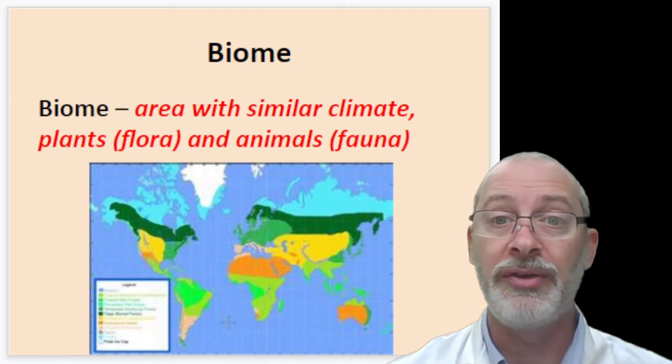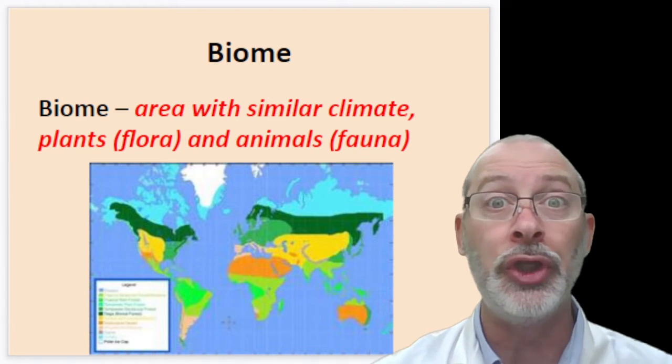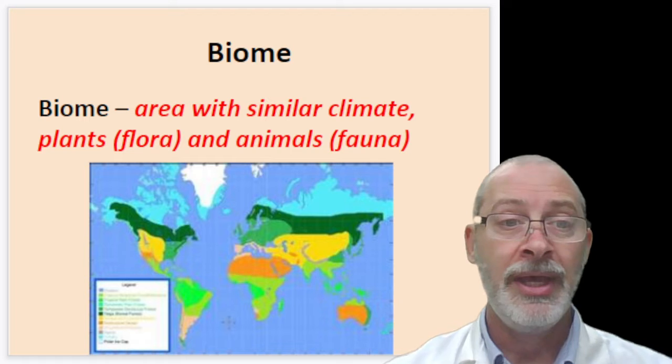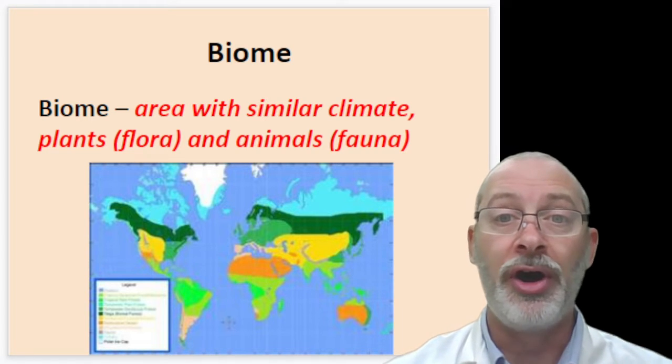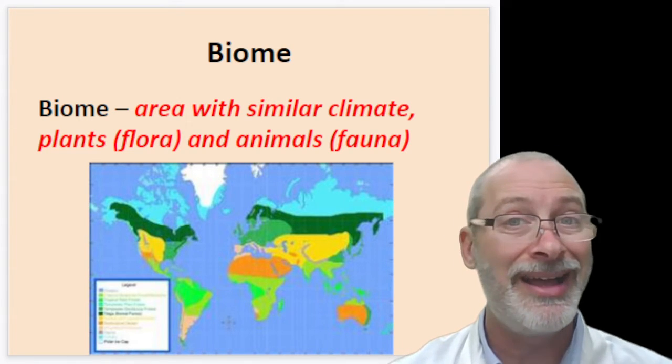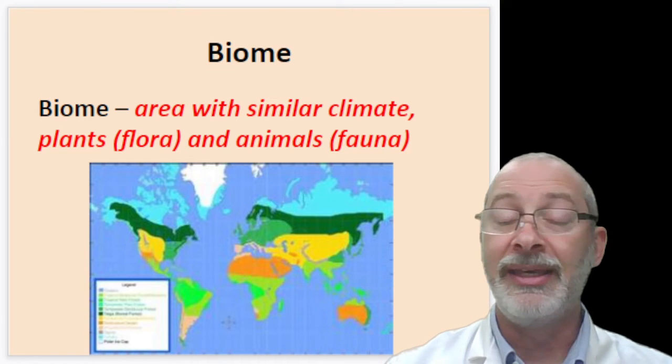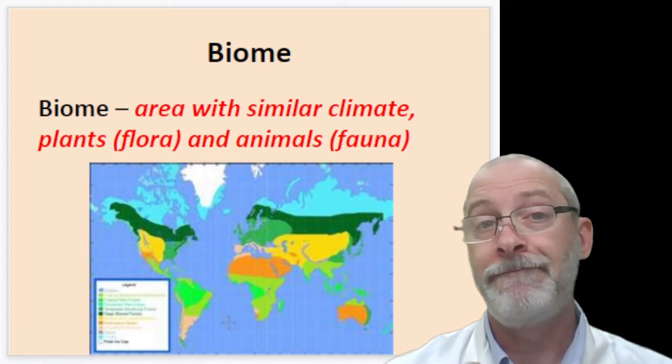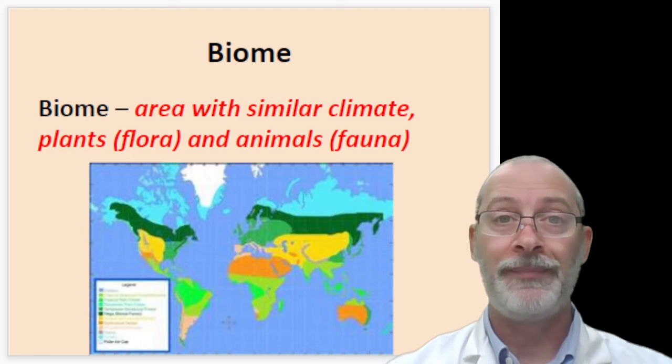And let's see if you can figure out which biome you live in, according to the fauna, the flora, and the climate region that is similar to what you see when you look out your window every day.